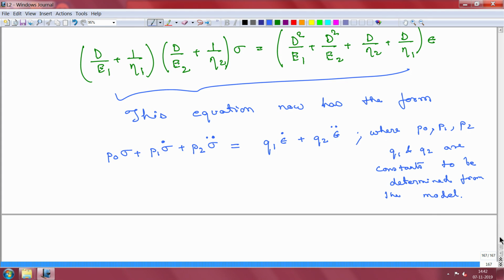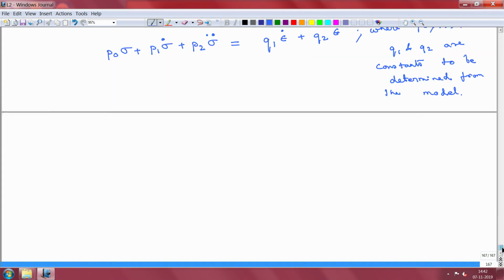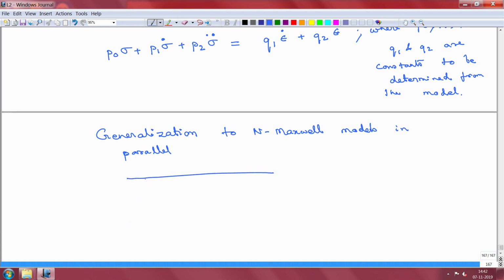So, let us consider next the generalization to n Maxwell models in parallel.